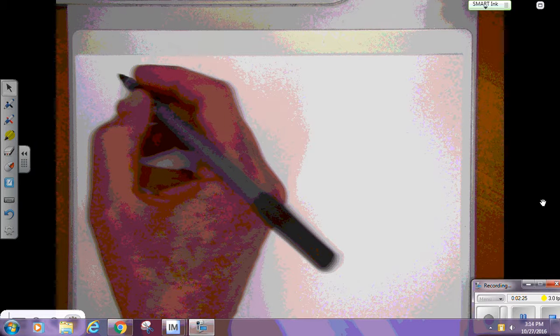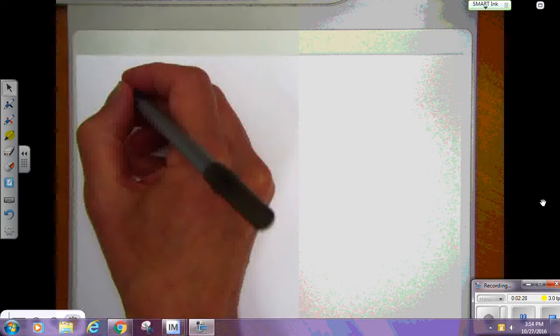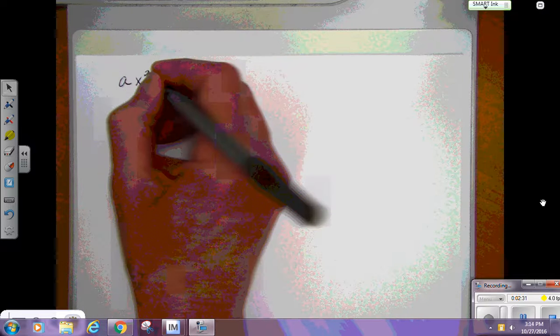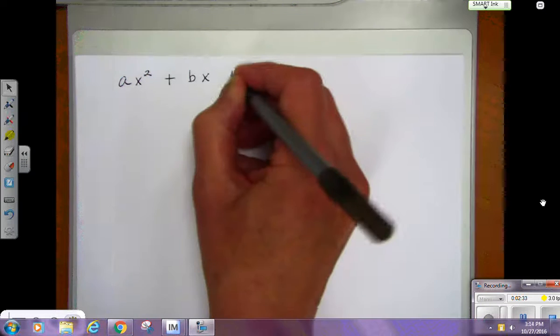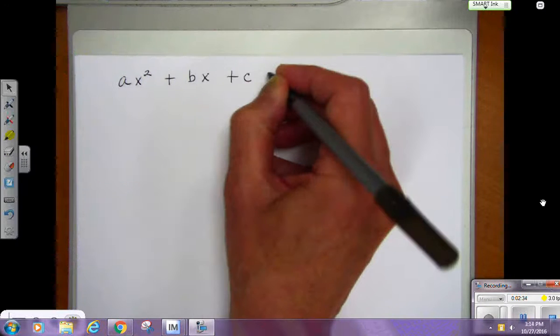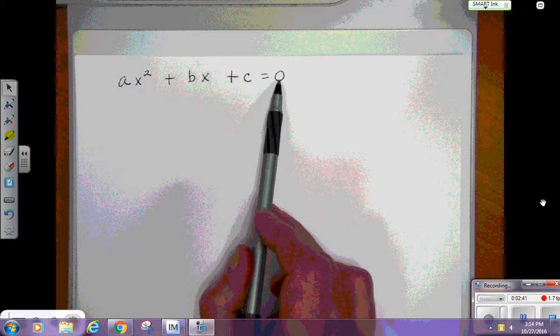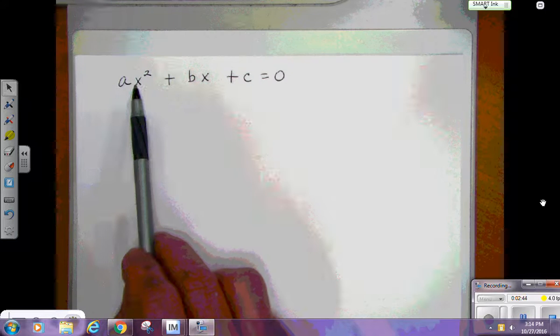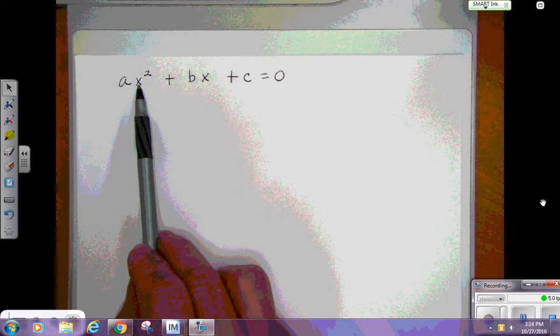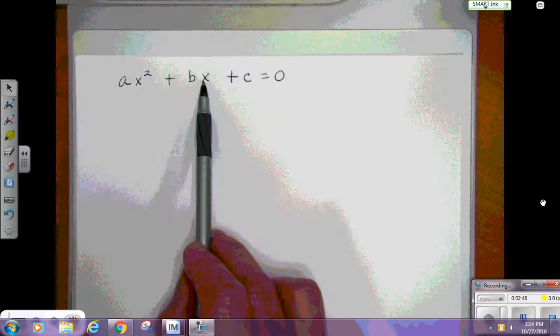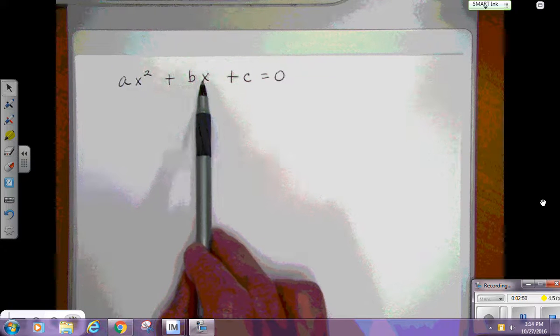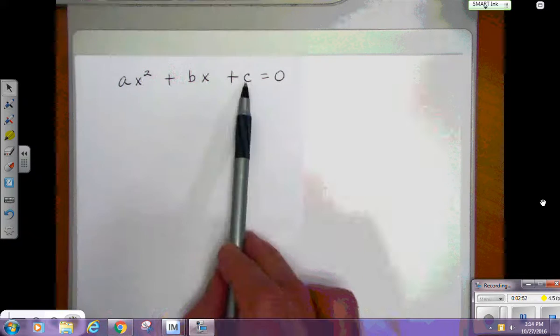Okay, so first of all, you have this quadratic equation that's in standard form. Ax squared plus bx plus c equals 0. And when it's in standard form, it does matter the order that it's in, and it does matter that it's equal to 0. The squared term needs to be first. The linear term, where you have x to the first power, needs to be your middle term, and then your constant is always last.